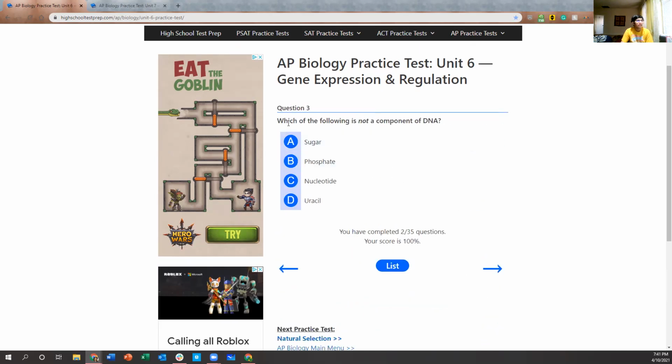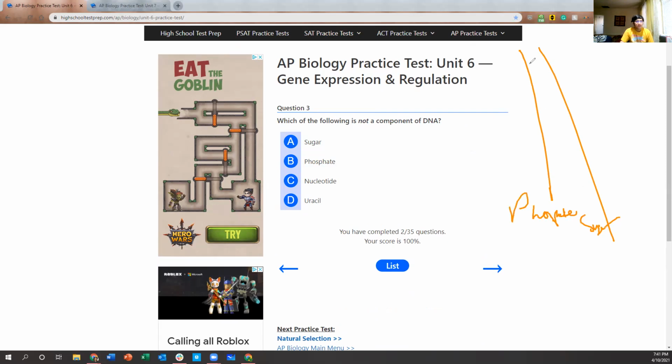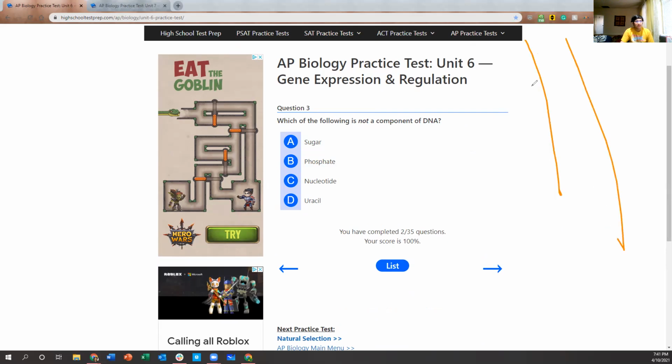Which of the following is not a component of DNA? Remember, DNA, nucleic acids have the sugar phosphate backbone, right? If we were to think of it as kind of like a ladder, the rungs of the ladder are the nitrogenous bases, and then these are the sugar phosphate backbones.